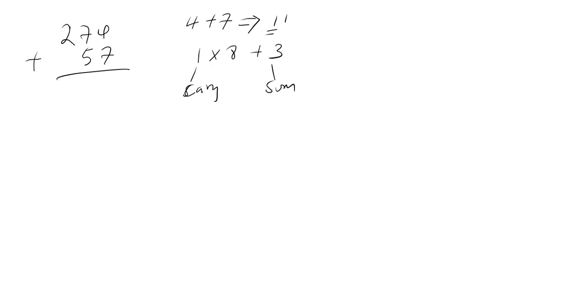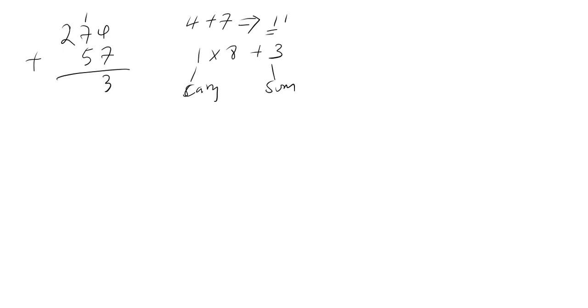So the sum you write here, and you carry 1. The same way we add normal numbers, when we get any number which is either 10 or above 10, you write the sum and you carry 1. So here we always carry 1 if the number is above 8 or is 8.